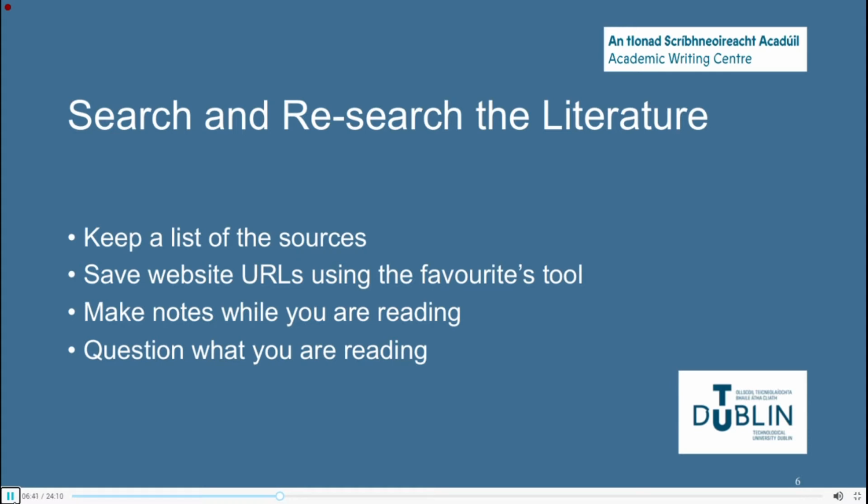Because if you make notes while you read, you will first understand the topic in more detail, and you will be able to then use it in your writing. It's important to question what you're reading and to see its validity and its relevance to your actual project.